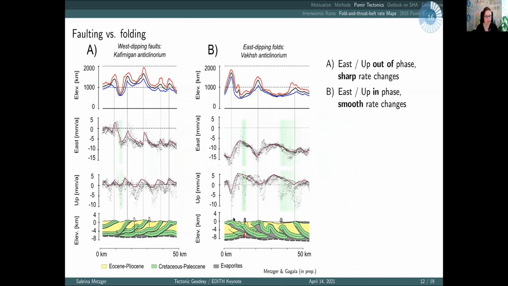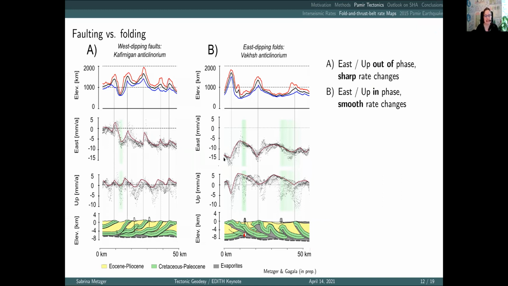And I want to highlight one particular feature, which is the difference of kinematic behavior of faulting versus folding. So on the left side, we have these west dipping faults, and on the right side, we have these east dipping faults. I don't even know how to pronounce it differently in English.